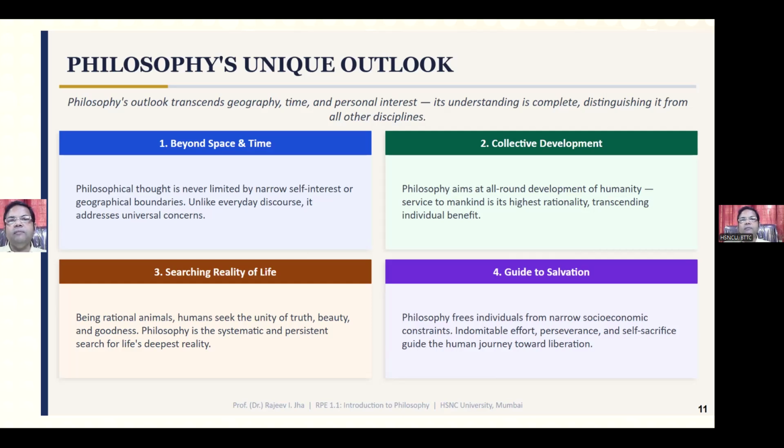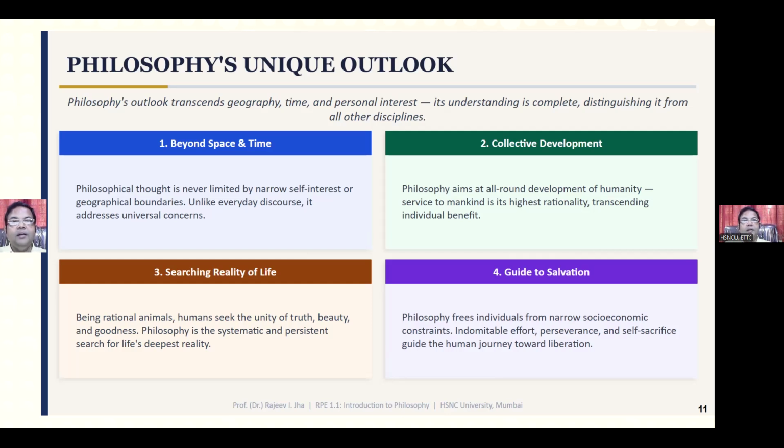Its 4 distinctive orientations: beyond space and time, collective development, searching reality, and guiding toward salvation, each reveal a dimension of philosophical thinking that transcends ordinary academic inquiry.